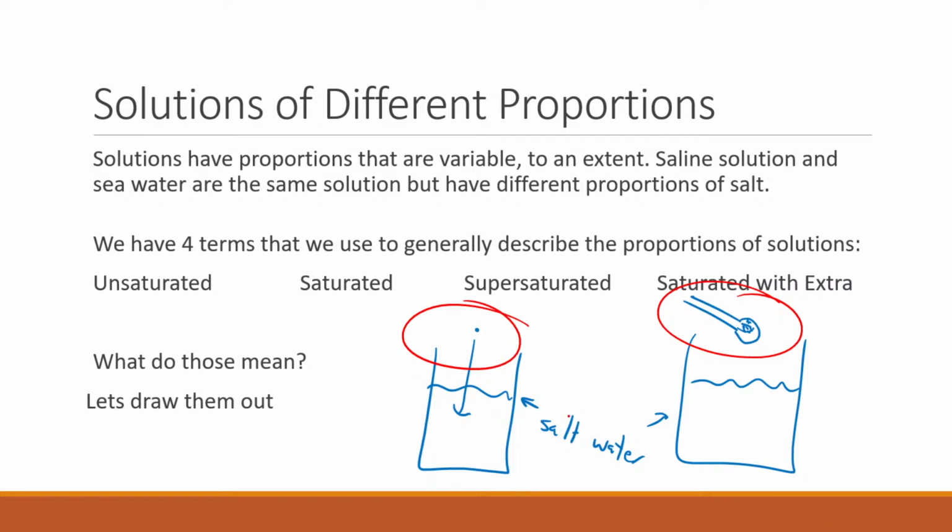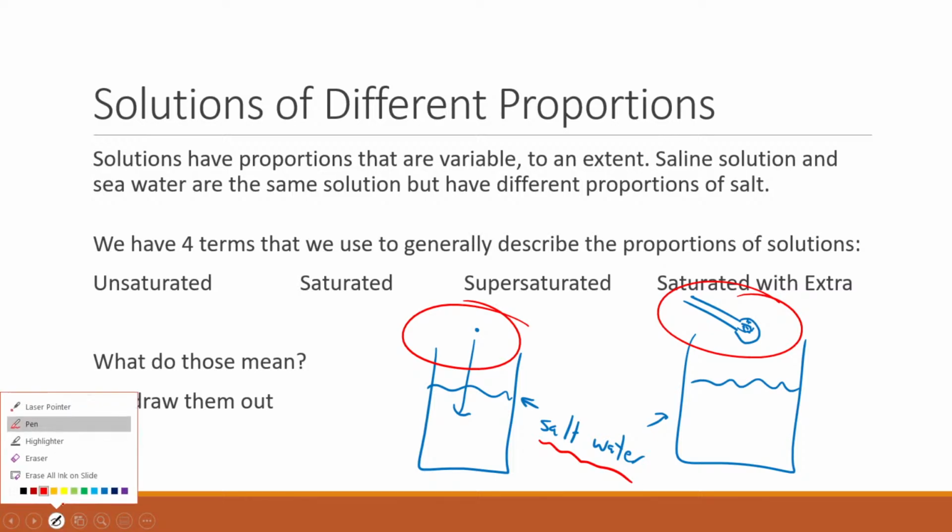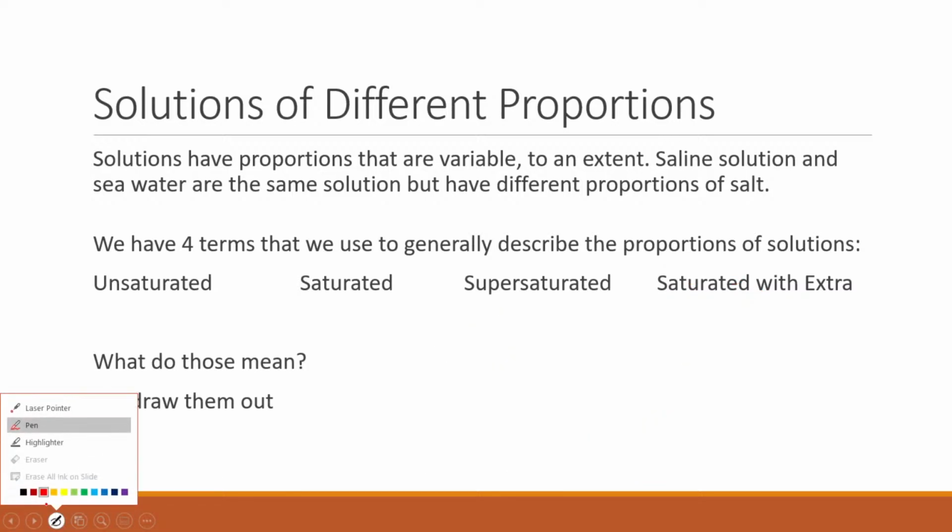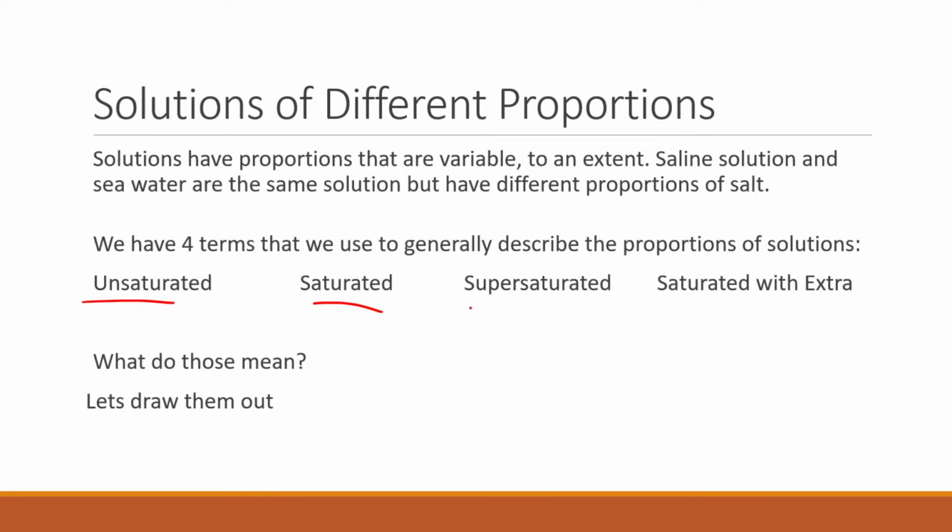So that when I say salt water, I'm not just referring to any amount of salt. And that's where these 4 terms come in. These 4 terms, unsaturated, saturated, supersaturated, and saturated with extra, are going to help us determine how much salt is in our water. Right?